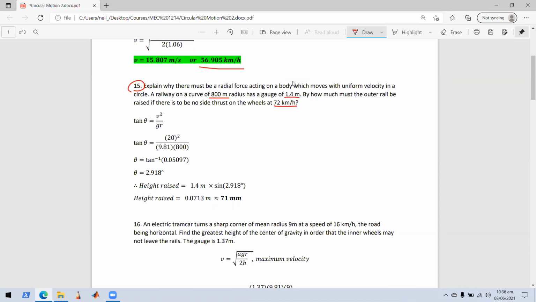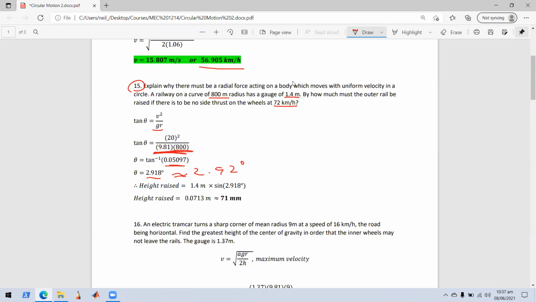And we get 20 meters per second, squared, divided by 9.81 times 800 meters. Plug this into a calculator and you should get 0.05097. The tan inverse of that should give you theta as 2.918 degrees, or 2.92 degrees.